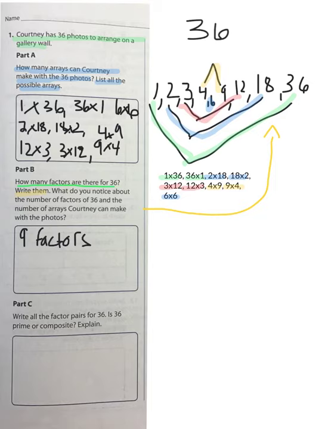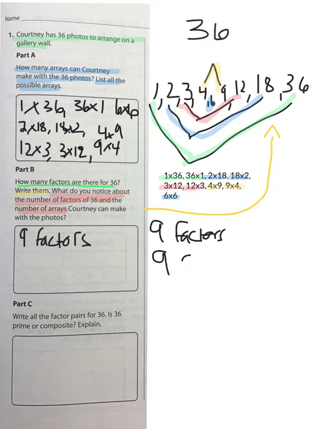What do you notice about the factors for 36 and the number of arrays? Well, there are 9 factors, which we've already written down. And if we count the arrays, which we've already highlighted, there's 1, 2, 3, 4, 5, 6, 7, 8, 9.